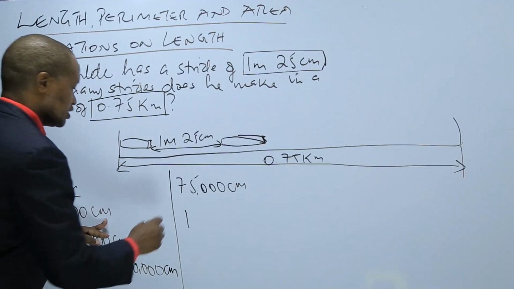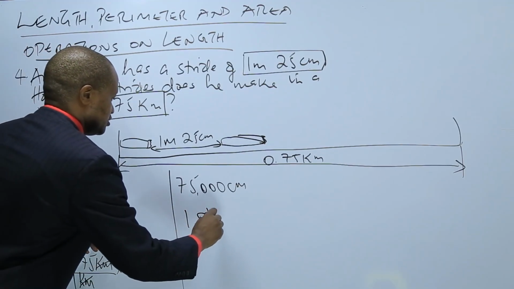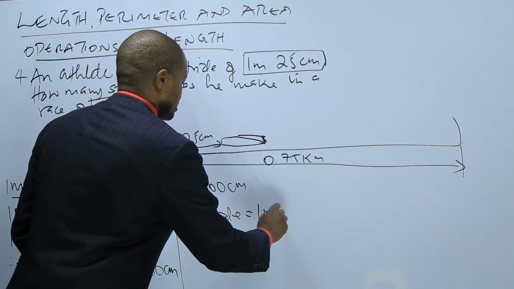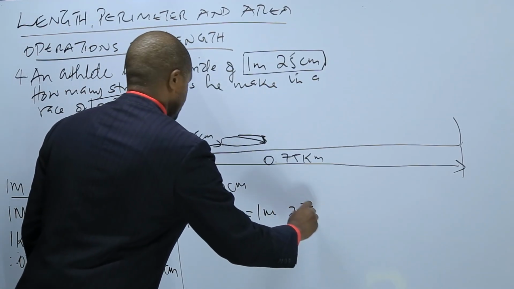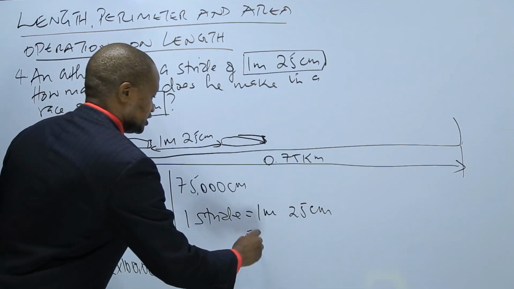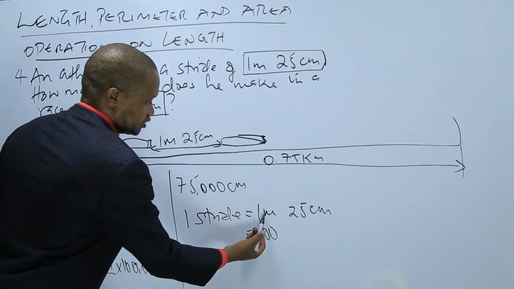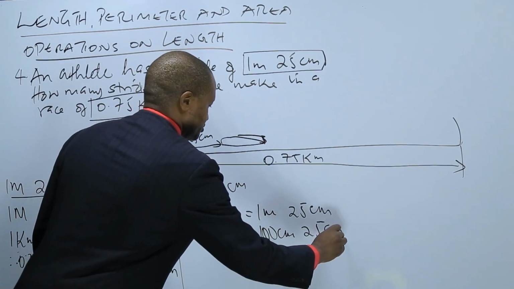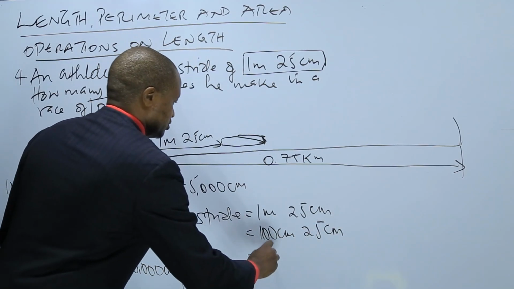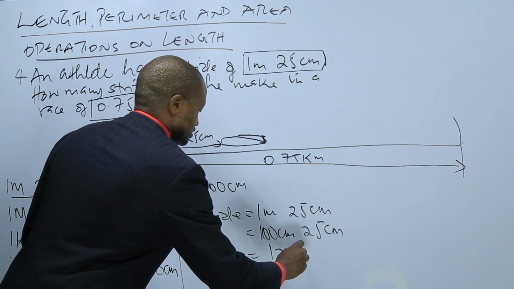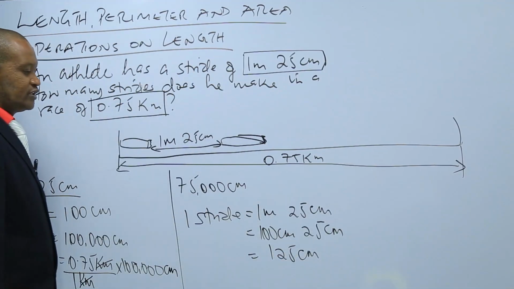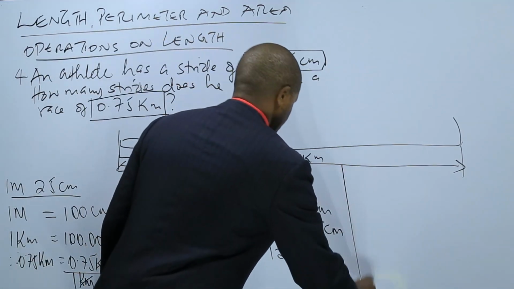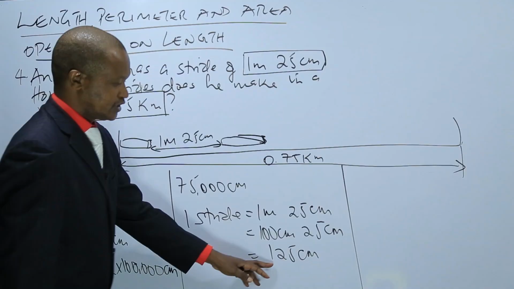We have converted this 1 meter into centimeters, equivalent to 100 centimeters, and 25 centimeters, which gives us 125 centimeters. That is one stride. One stride is equal to 125 centimeters.